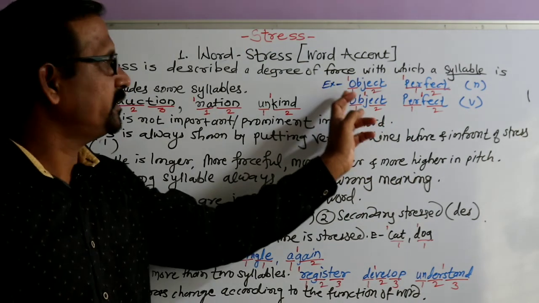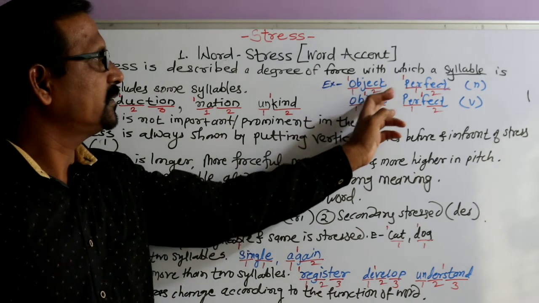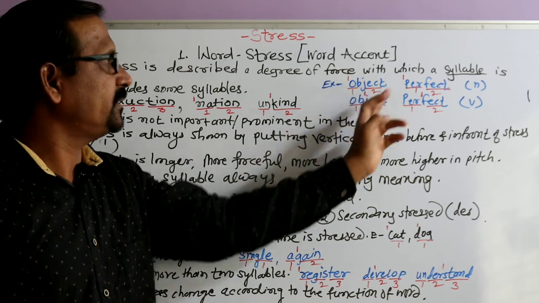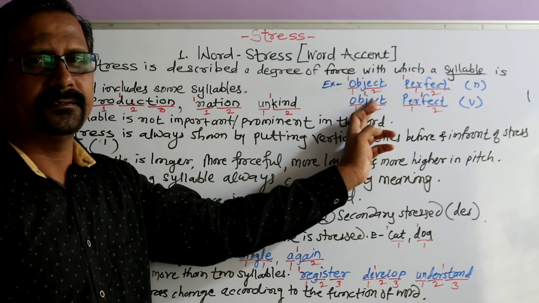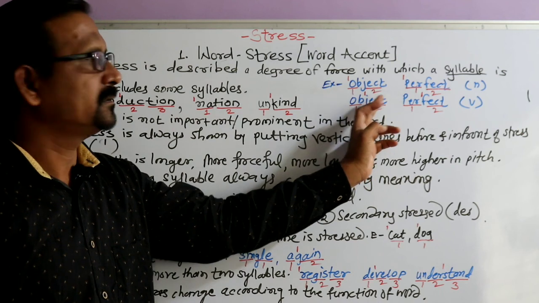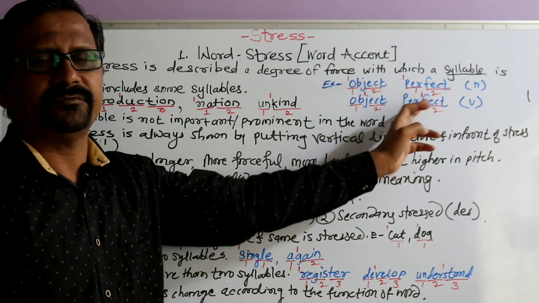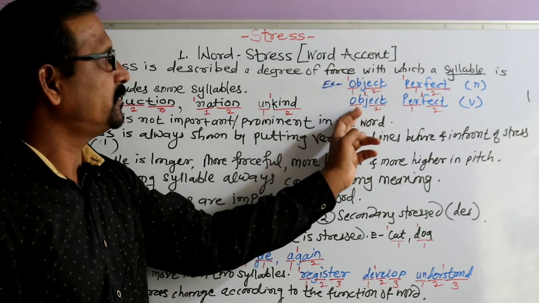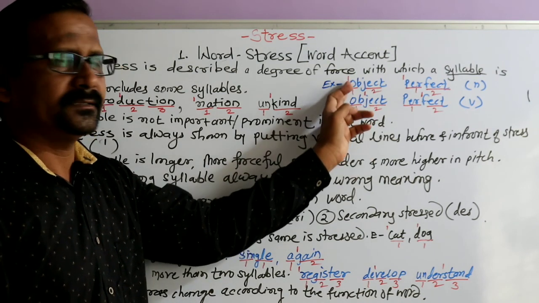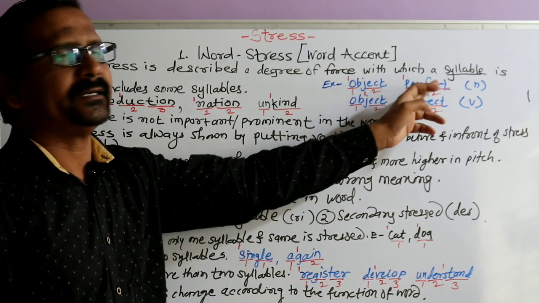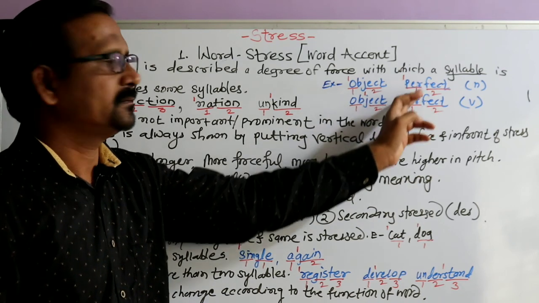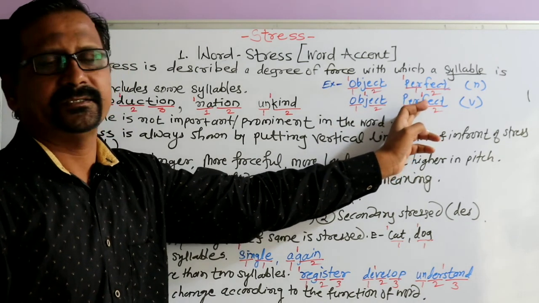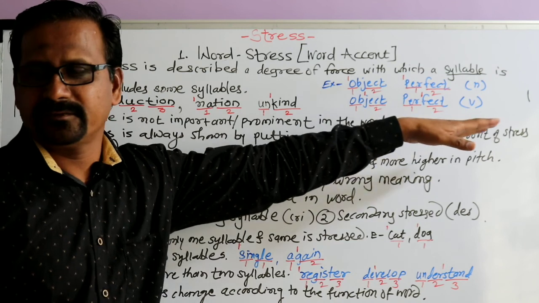Just listen very carefully. Object, object, perfect, perfect. Forcefully utter the first syllable for the noun. Try to understand: object, object, perfect, perfect. So they are playing their role as a verb here.